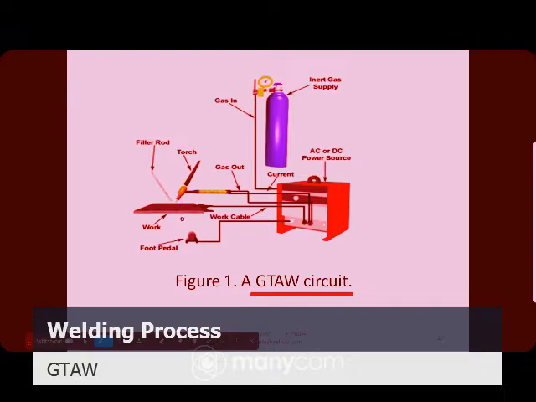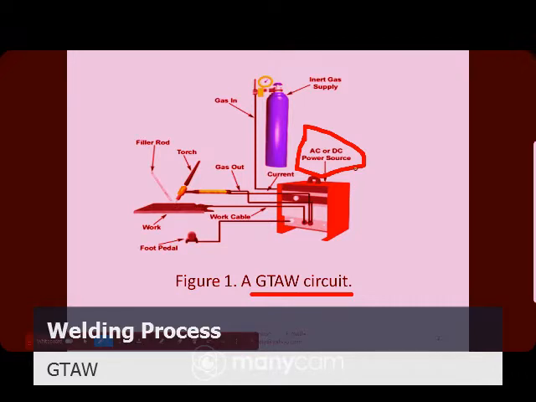It needs a full circuit, as we already discussed in our previous classes. So these are all the parts. We already said that the power source may be an AC or DC power source. This is a constant current power source, or welder.